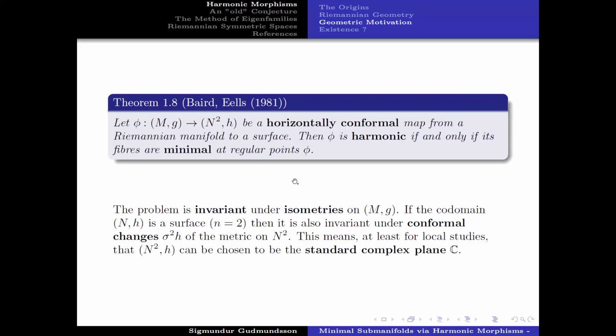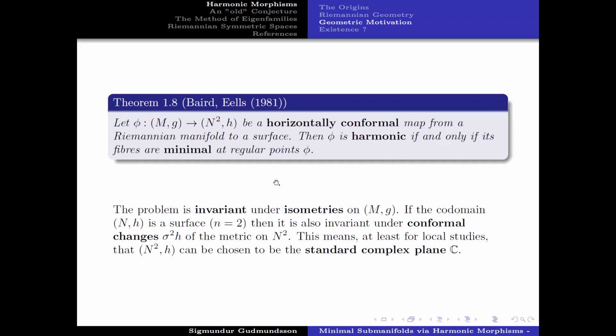You're mapping a surface into a Riemannian manifold, and you can use isometries, but also, which is interesting, it's invariant under conformal changes on the surface where you're coming from.